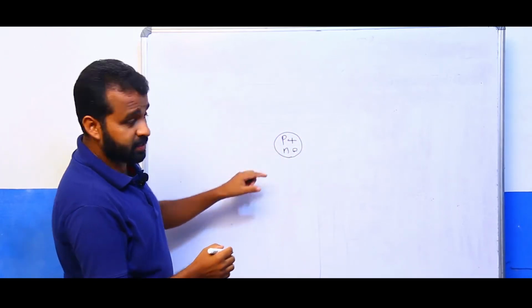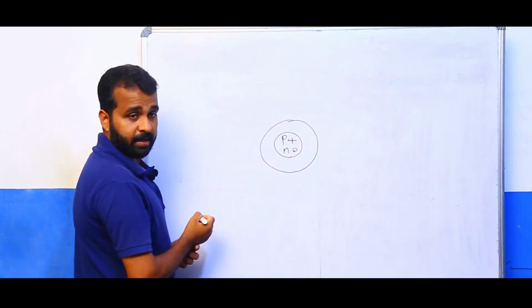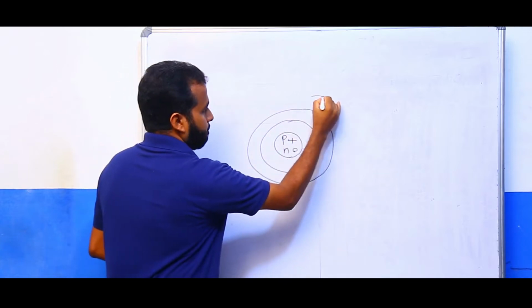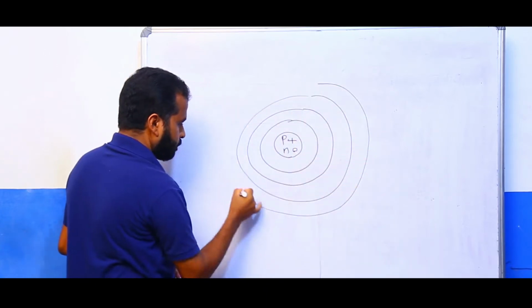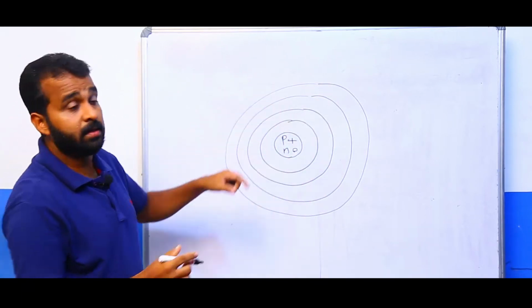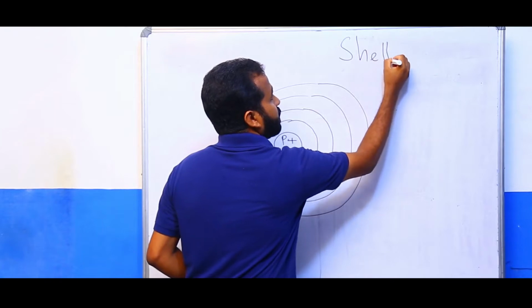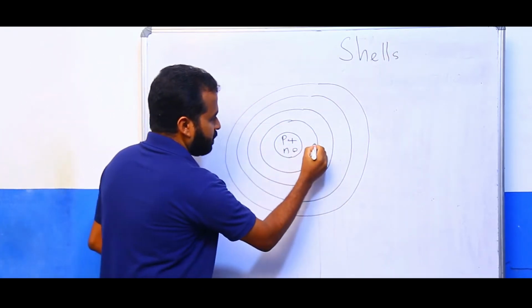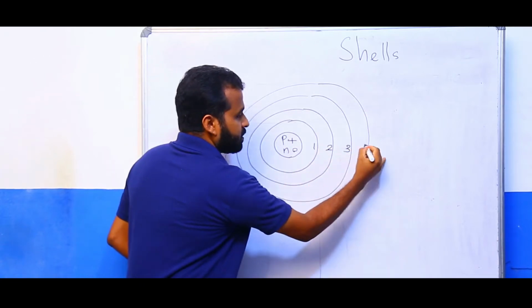Around this nucleus we can see circular paths like this. These circular paths are called shells. This is the first shell, this is the second shell, this is the third shell, and this is the fourth shell.